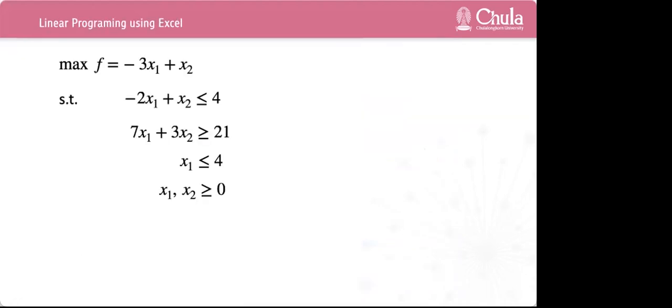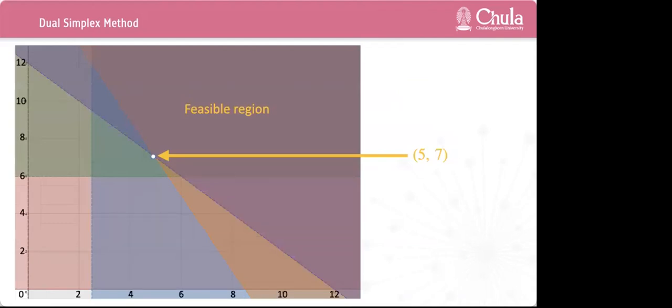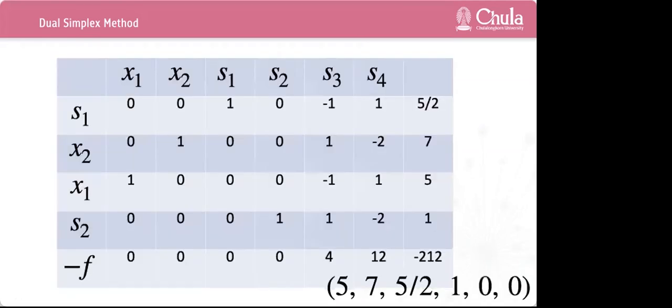Any problem on the dual simplex method? Hello, Prof. Yes. How do you know when you must apply dual simplex method, or can you just apply it when you see a problem? Yeah, you can use two-phase if you want.